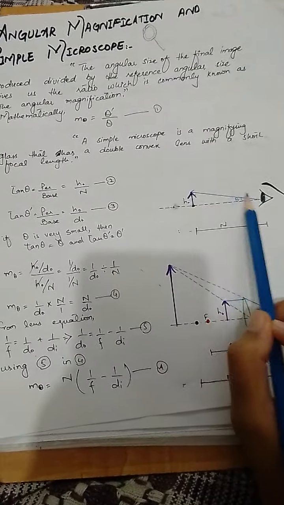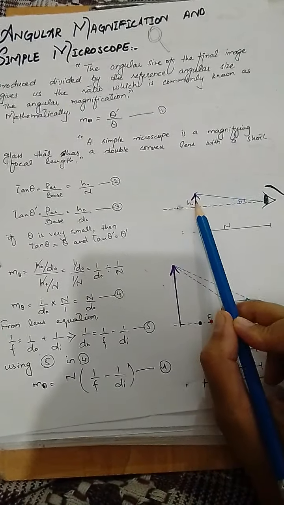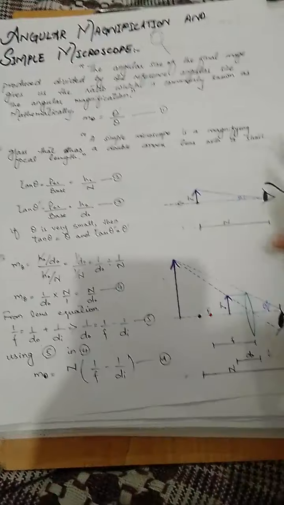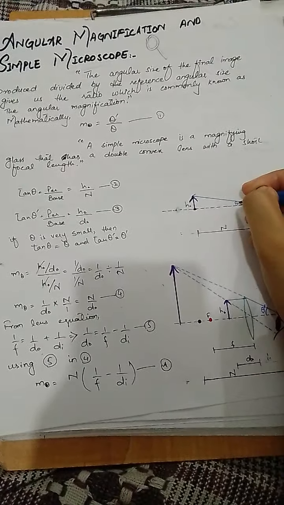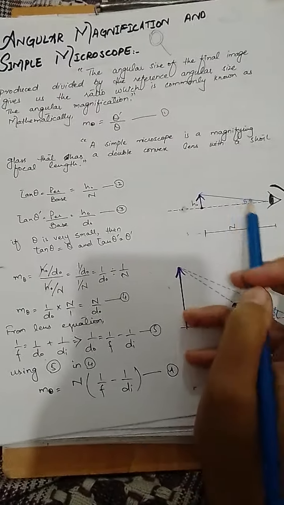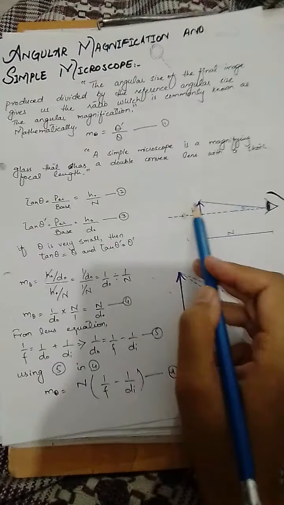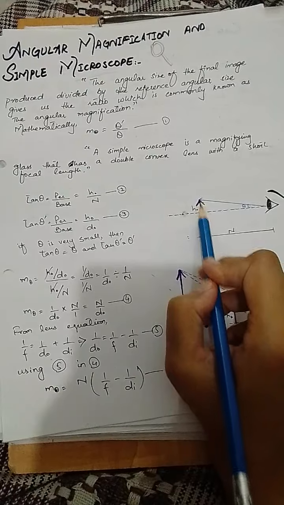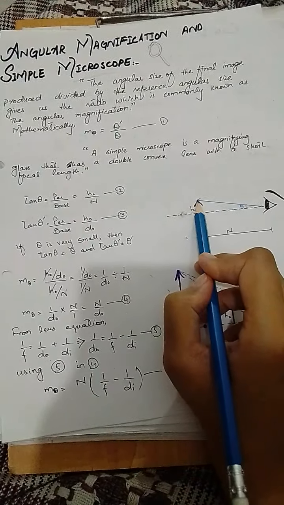Now if an eye sees an object at a distance equal to the near point, we consider the angle made by the eye to a point on the object. We don't take the whole arrow, just this point.